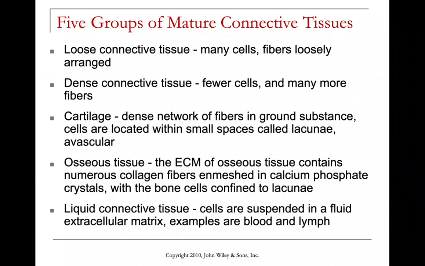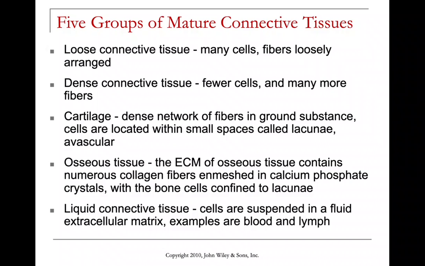We have five groups of mature connective tissues. Loose connective tissues are loosely arranged with a lot of cells. Dense connective tissue has fewer cells but a lot more fibers, which are densely arranged. Cartilage has a dense network of fibers in the ground substance. The cells are located within small spaces called lacunae, and it's avascular.